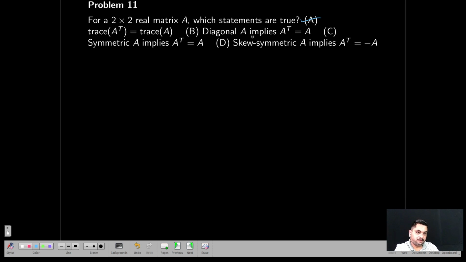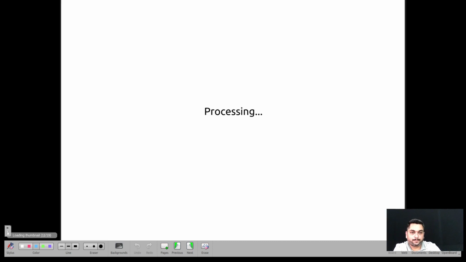Diagonal matrix A implies A transpose equal to A. So a diagonal matrix is symmetric, that is the meaning. So this is also true. Then symmetric A implies A transpose equal to A. That is the definition of symmetric matrix. Then skew symmetric A implies A transpose equal to minus A. That is the definition of skew symmetric. So all 4 statements are true.